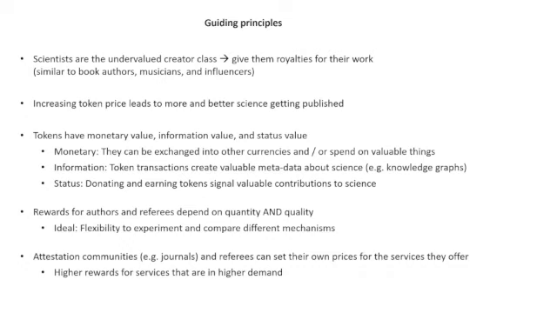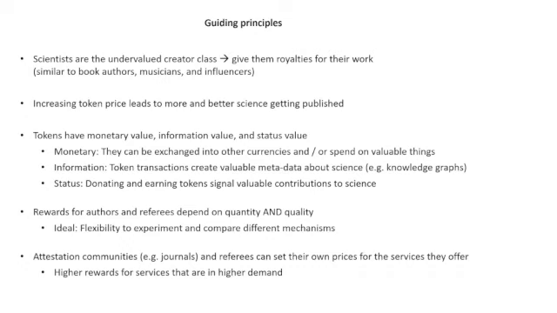Second, a really cool guiding principle, which is actually something that Chris came up with, is this idea that an increasing token price should lead to more and better science getting published, right? So ideally the rallying call here is: if the price of that token goes to infinity, science is fixed.